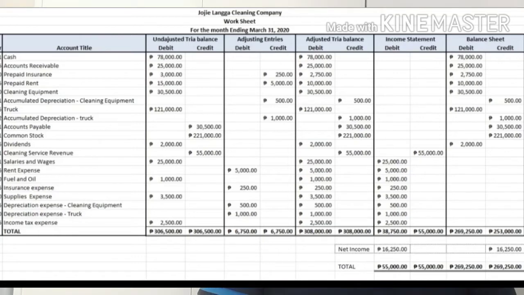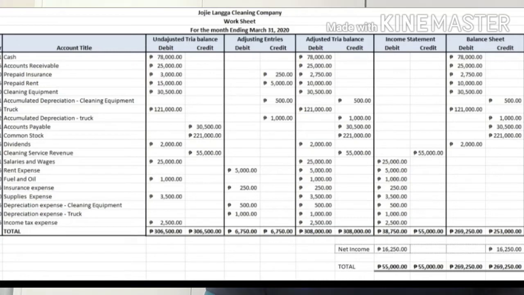Our third entry is debit insurance expense, to recognize the insurance expense, 250, and credit prepaid insurance 250.